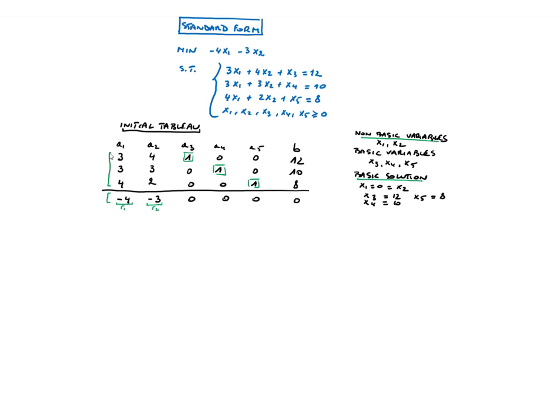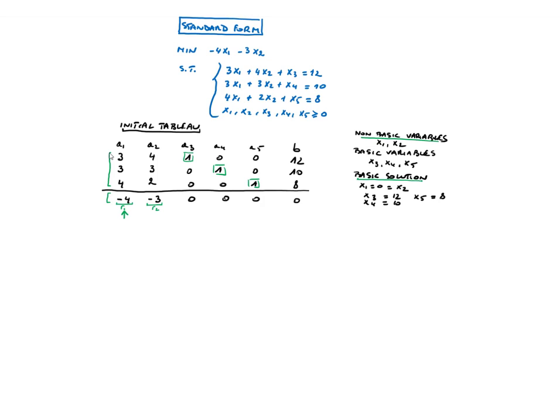To select the variable that will enter the basis, we take the most negative one, and it will be this one over here. So x1 will enter the base, but now we have to find which variable is going to leave the base, and for that we have to write this column, which is this one over here.